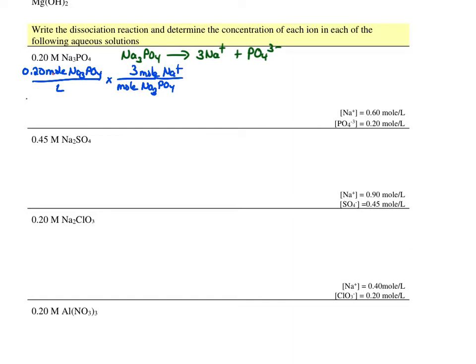So now we see that the units of moles sodium phosphate will cancel, and we'll have moles of sodium ion per liter. And we do the associated math, 0.2 times 3, to see that we have 0.6 moles of sodium ion per liter of solution.